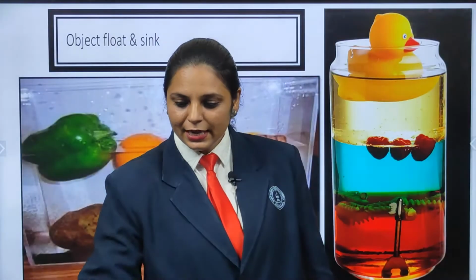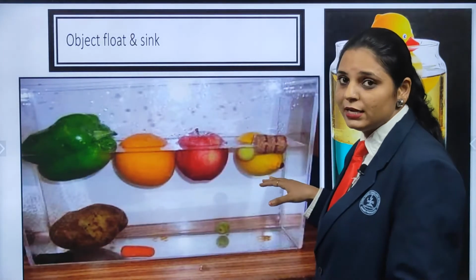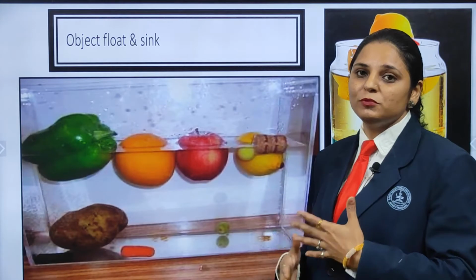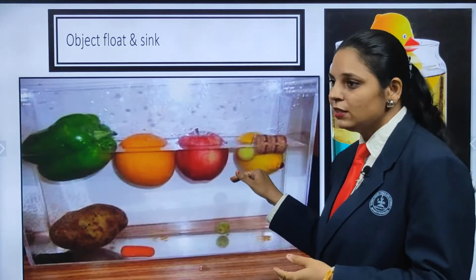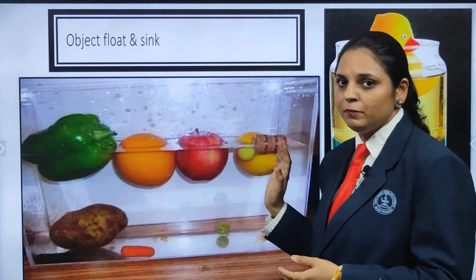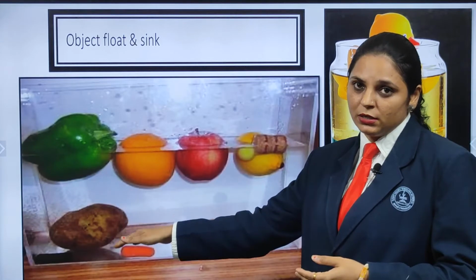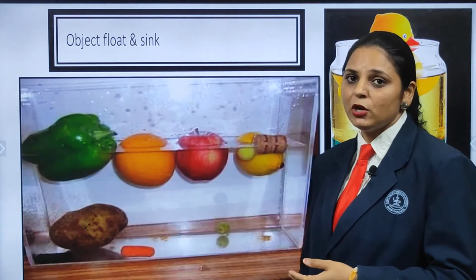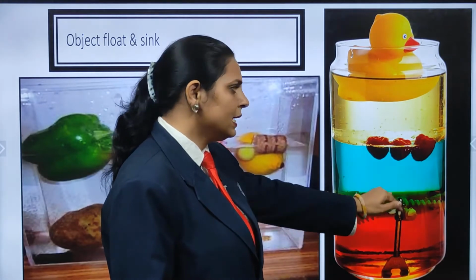Yeah. Next, here are a few pictures I have shown you. See, you can try at your home whether these objects sink or float. The reason is, if they're lighter than the water, they will keep on floating. As you can see, the potato sinks, it goes down to the bottom. Why? Because it is heavier than the water. On the other hand, see the key, it sinks.